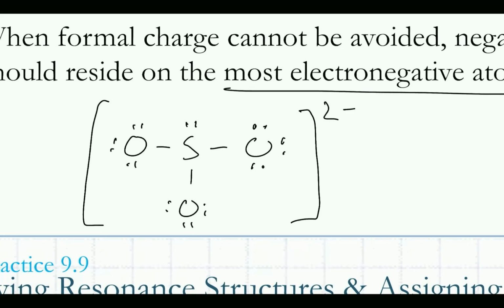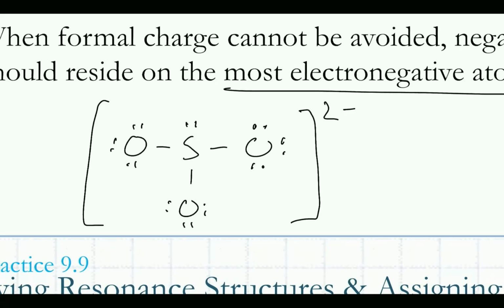So like this Lewis structure, is there anything wrong with this Lewis structure from a Chem 20 perspective? Yeah, basically the octet rule is the only thing you looked at in Chem 20. And so all the oxygens have complete octets. The sulfur has an octet. Now, we were talking about formal charges.